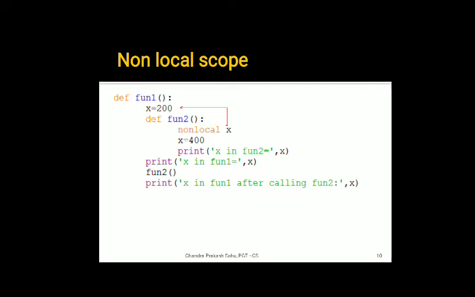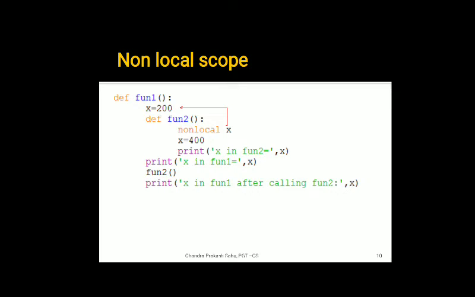Now let's start non-local scope. Here the previous function has been modified and x has been declared to be a non-local variable inside fun2. The first line is nonlocal x, which means x will be accessing the non-local variable x equals 200, which was declared inside fun1.